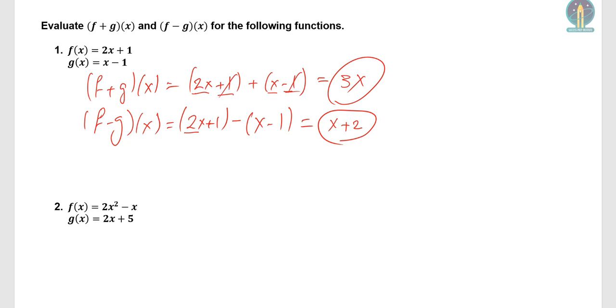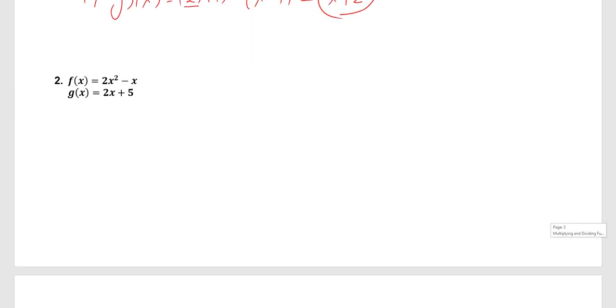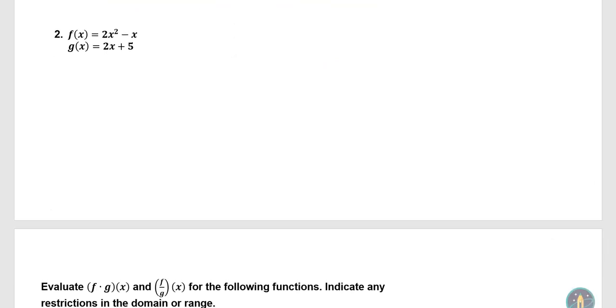Okay, next exercise, we have f of x equals 2x squared minus x, and g of x equals 2x plus 5.